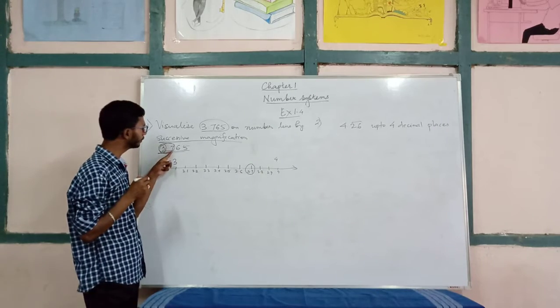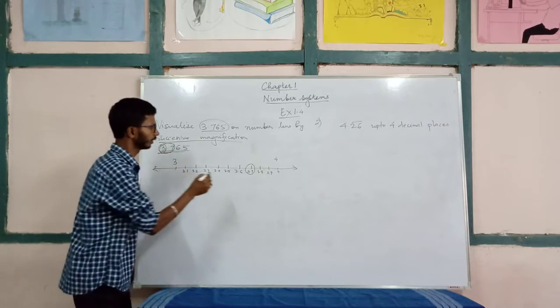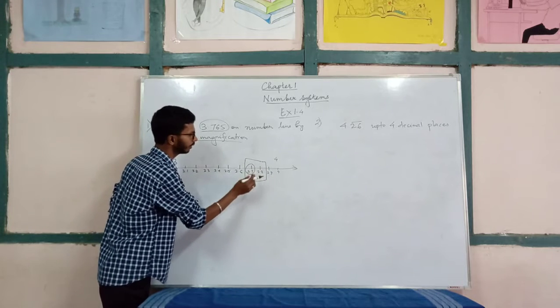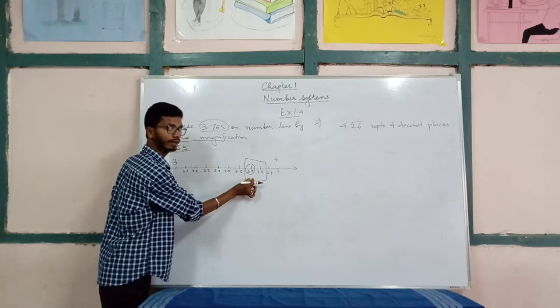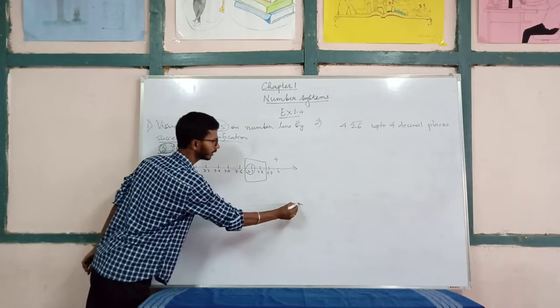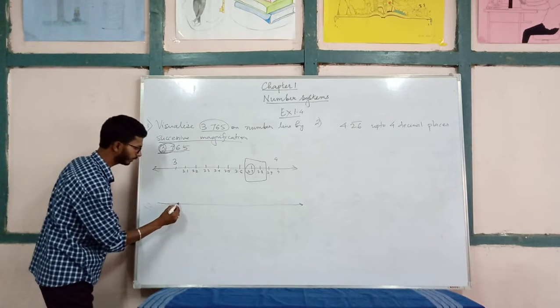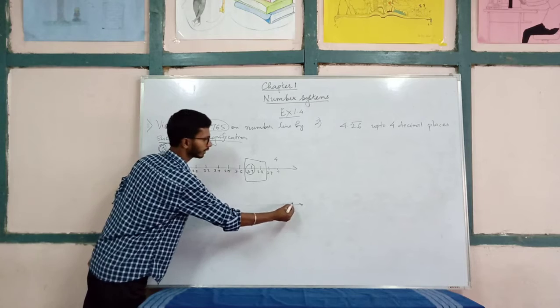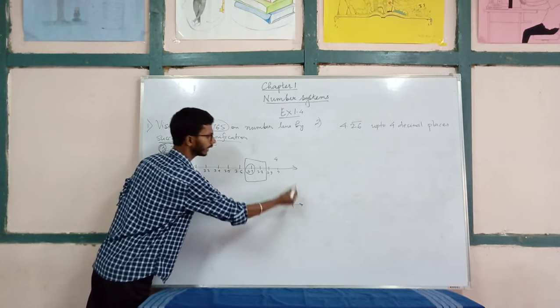Now we want 3.76. So now we are going to magnify between 3.7 and 3.8. So we are again drawing a number line. At one end we write 3.7 and at the other end we write 3.8.